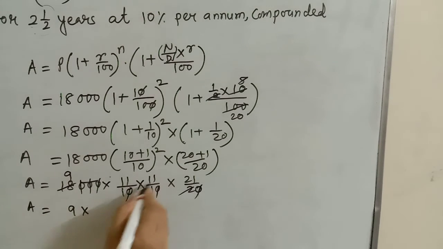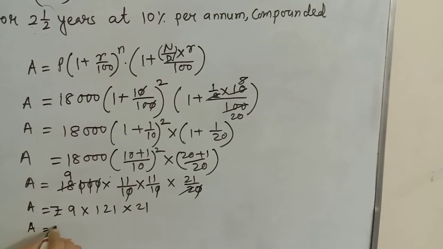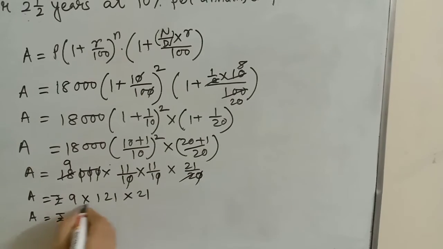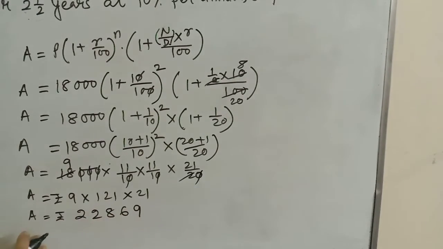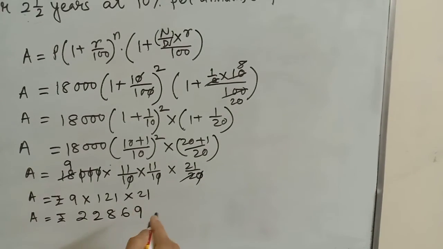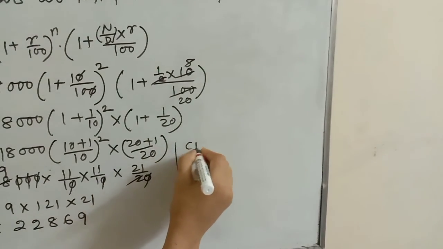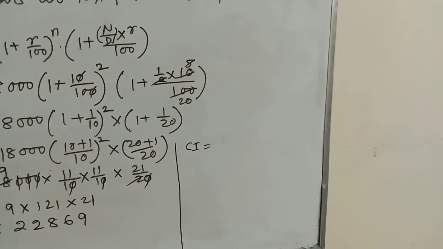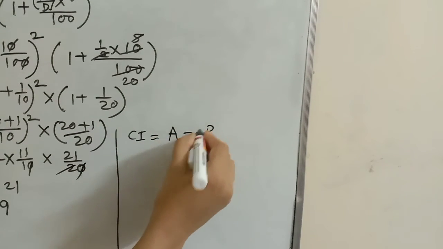So the amount you can see is 9 into 11 into 11, 121, into 21. All are in rupees actually. So amount is equal to rupees. If you multiply this, then you will get 22,869. So the amount is 22,869. Now you have to find the CI. CI is equal to amount minus principal.